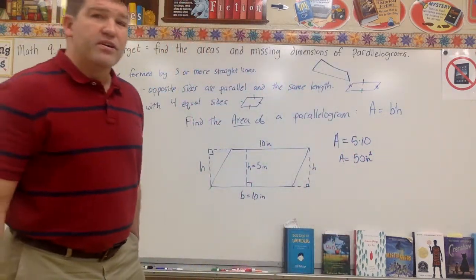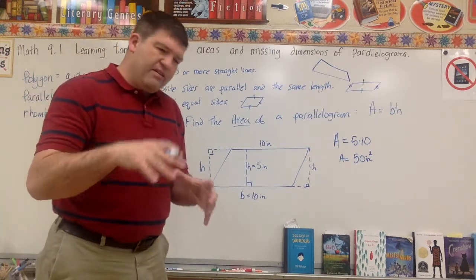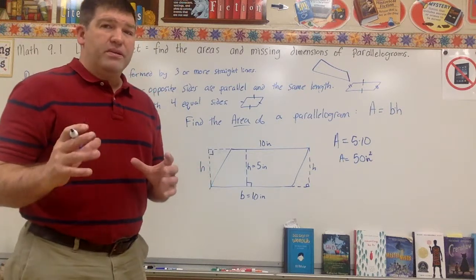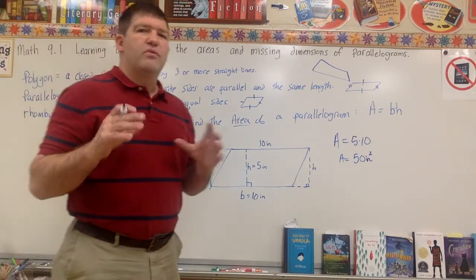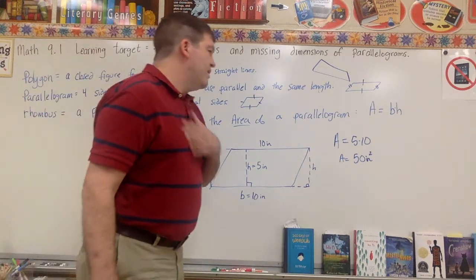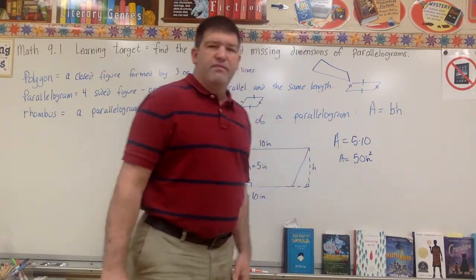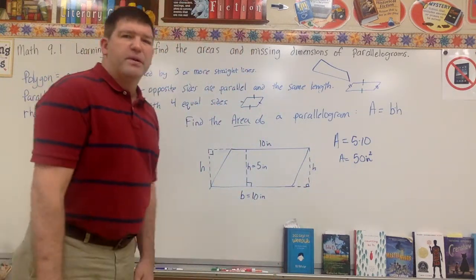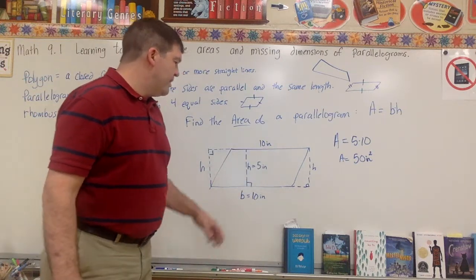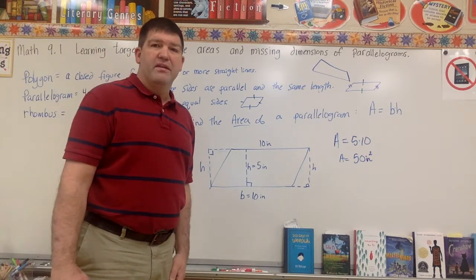When we start to deal with volume, how much is inside a container or a cylinder, it'll be cubed, which is 3. But squared is 2. So square inches. Area equals 50 square inches. Once you find your height and your base, you multiply them together, and then that's what you get.